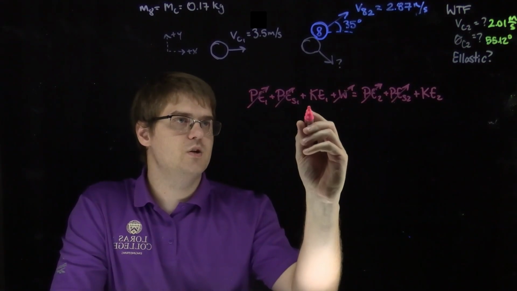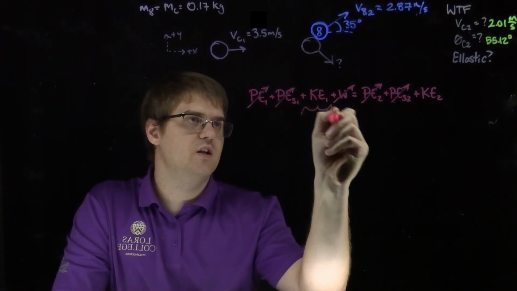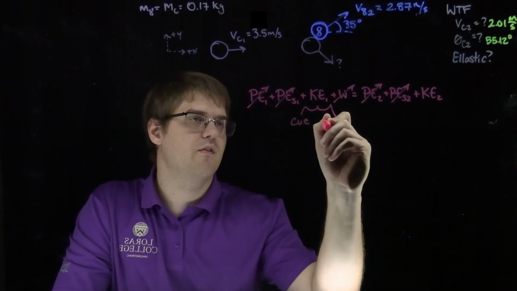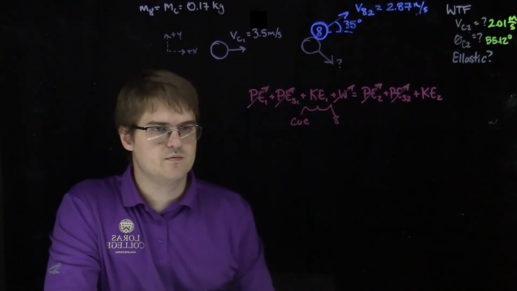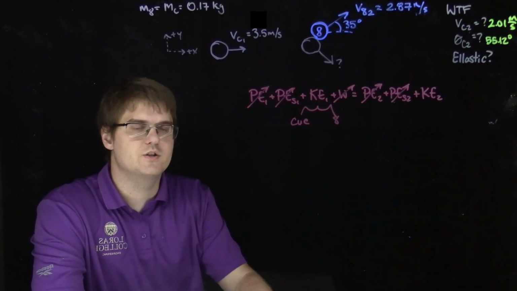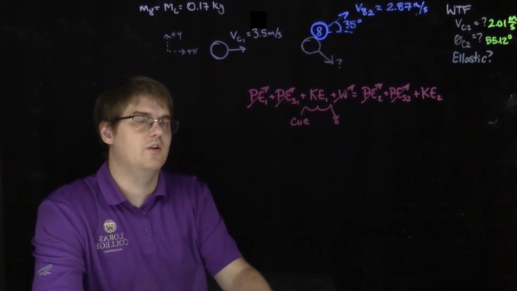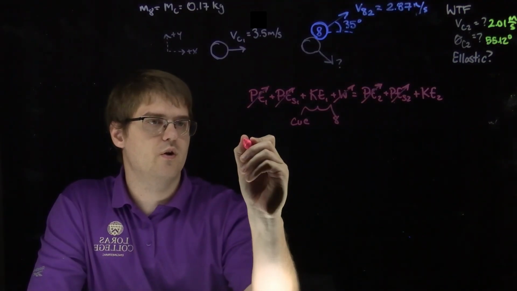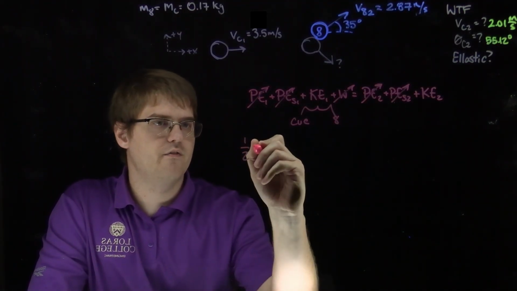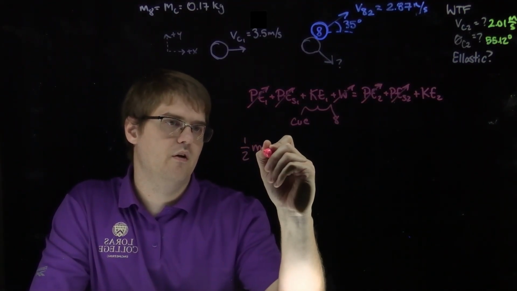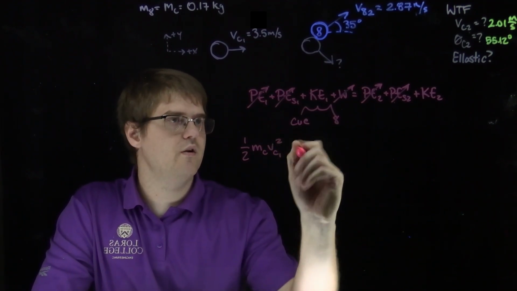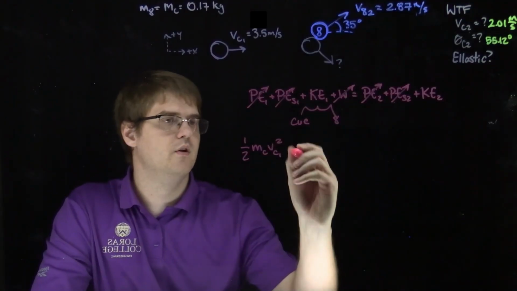And the kinetic energy, we have kinetic energy of the cue ball, and we have kinetic energy of the 8 ball. There's two different energies there because there's two different moving things in our system. So our equation is going to be 1/2 mass of the cue ball times velocity of the cue ball at 1 squared. That's the kinetic energy of the cue ball.